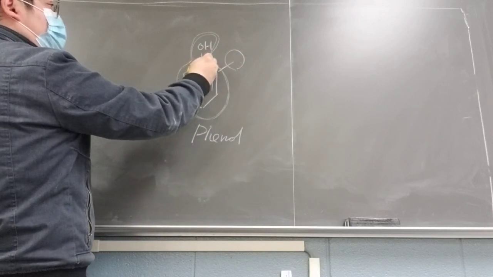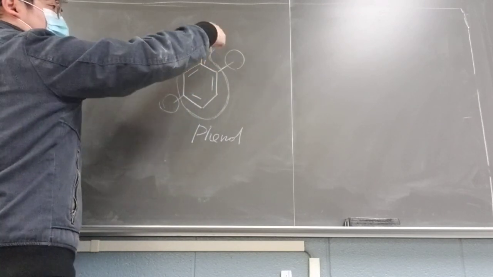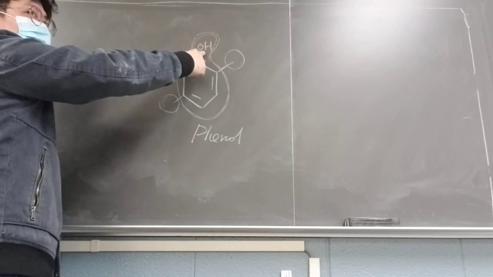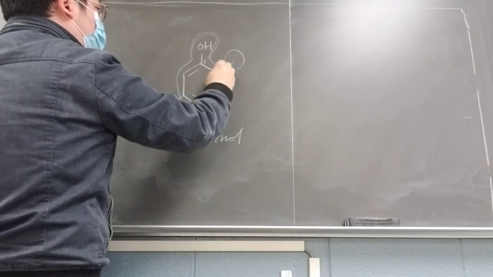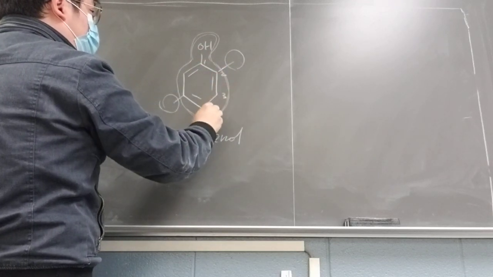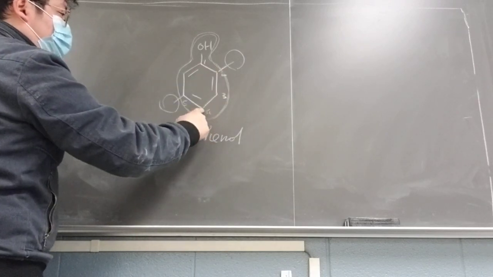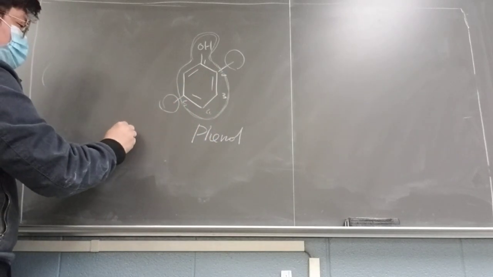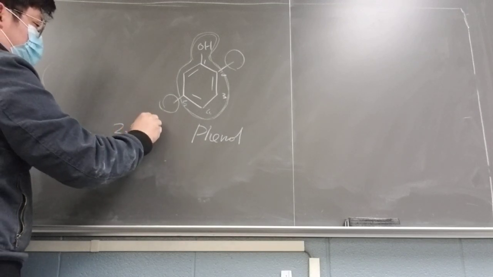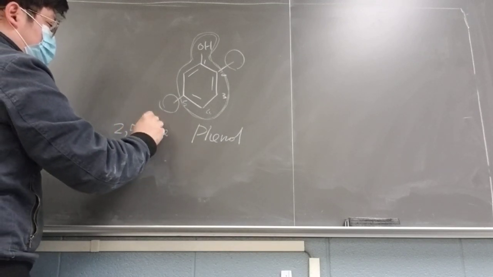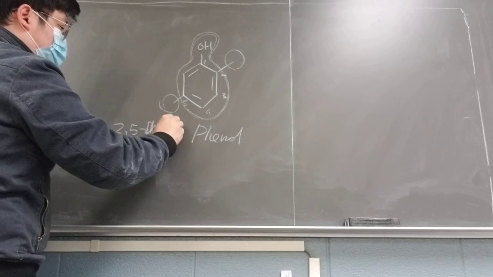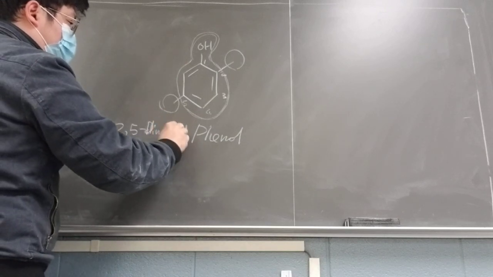So you're going to count this one as one, because this is your base, the hydroxyl group as your point. 1, 2, 3, 4, 5. Okay. So it'll be 2 and 5. So 2,5-dimethylphenol.